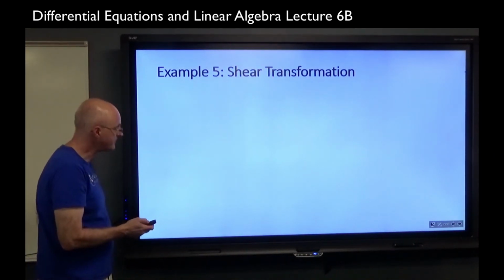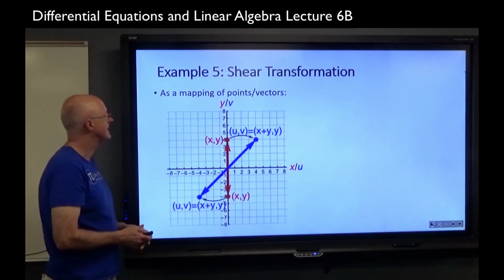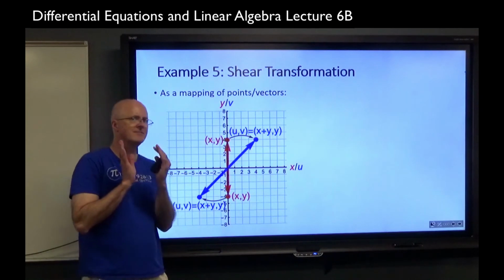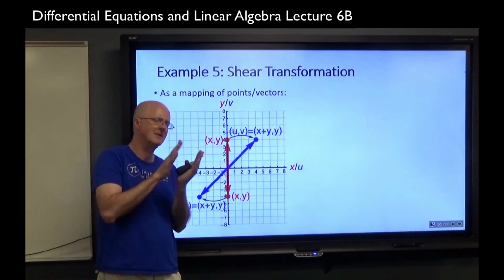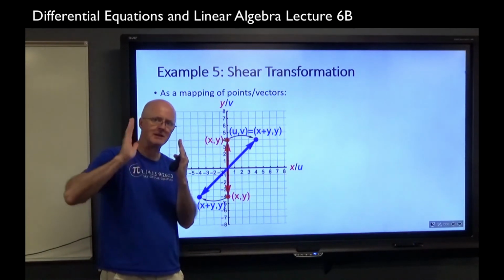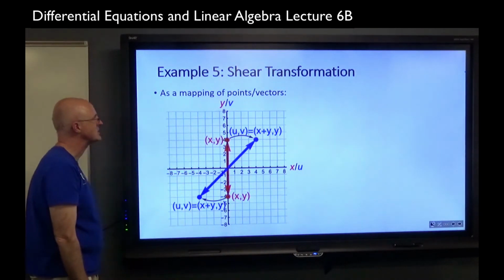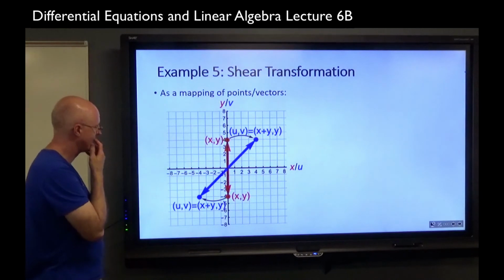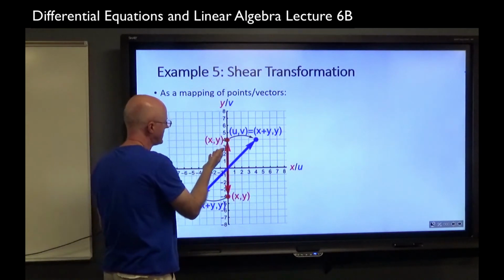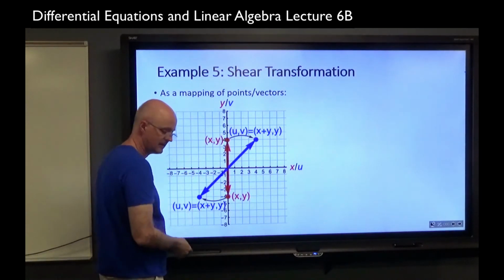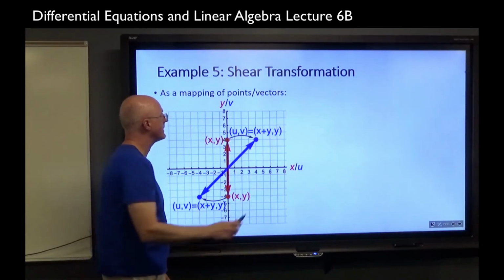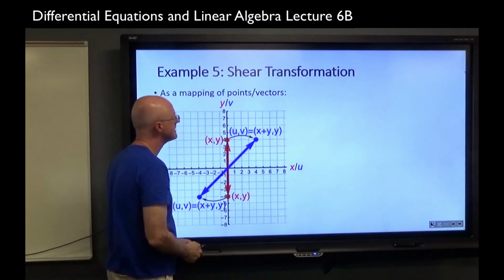Shear transformation is not like shearing sheep. It's shearing in the sense of making, I don't know how to describe it. It's like you take a building and you're pushing the top down and so it slants. That's a shear transformation. An arbitrary point (x, y), which I happen to pick on the vertical axis here, gets mapped to a point with these coordinates.